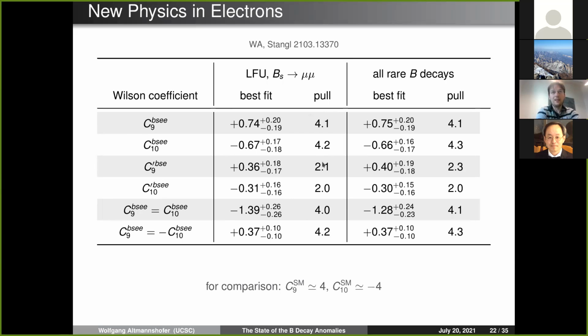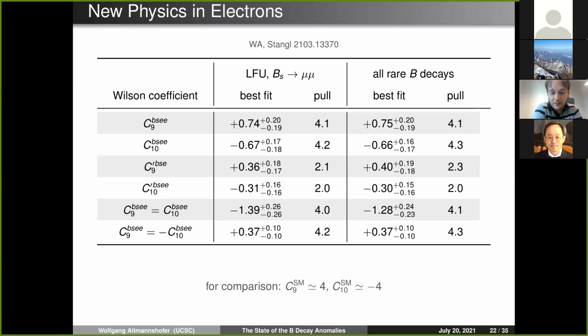That is the square root of the delta chi-squared between the best fit point in this physics scenario and the standard model point. And one sees that in these cases of these electronic operators, one can find scenarios where the new physics scenario does better by 4 sigma than the standard model point.